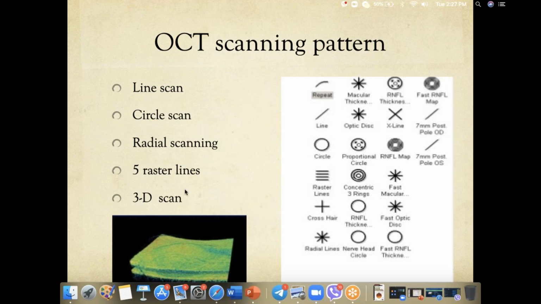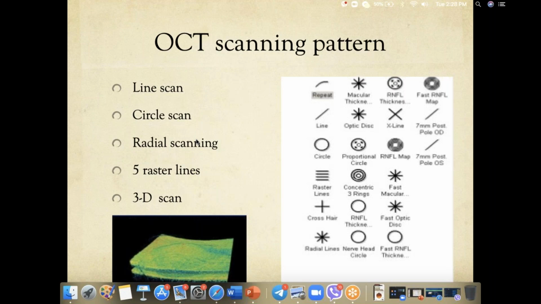The radial scanning is very, very good, especially if you are thinking there are multiple areas of PED or multiple areas around the macula being involved by much larger spaces, because in radial scanning the distances of the scanning are very huge.